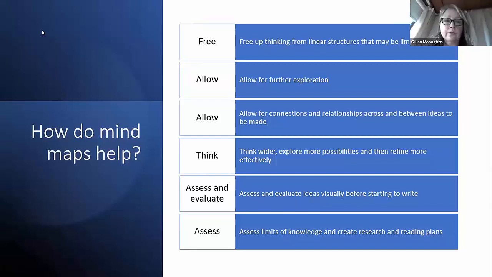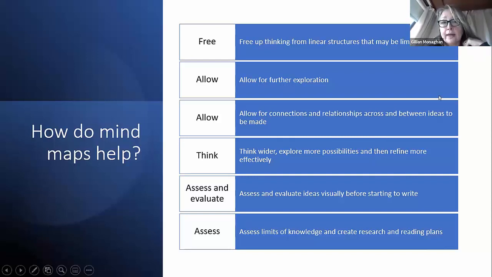They can allow you to think wider. They can allow you to make connections and relationships across and between ideas, and for you to visually see those connections. You can think wider, you can explore possibilities, and then because you can see this mapped out visually, you can refine more effectively.